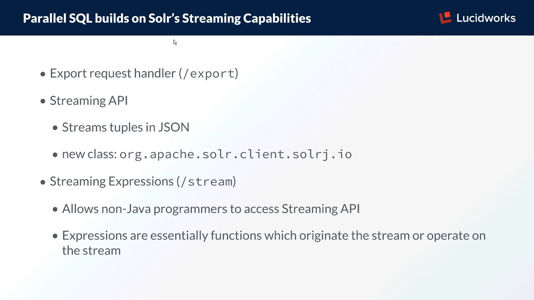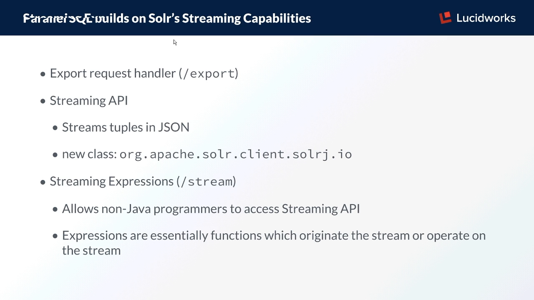Streaming expressions are essentially a way of making the streaming API more accessible to non-Java programmers. So what will look like a pretty standard HTTP request, if you know Solr requests, can actually be a streaming expression. This uses the stream handler, and these are essentially functions which either originate the stream or operate on the stream.